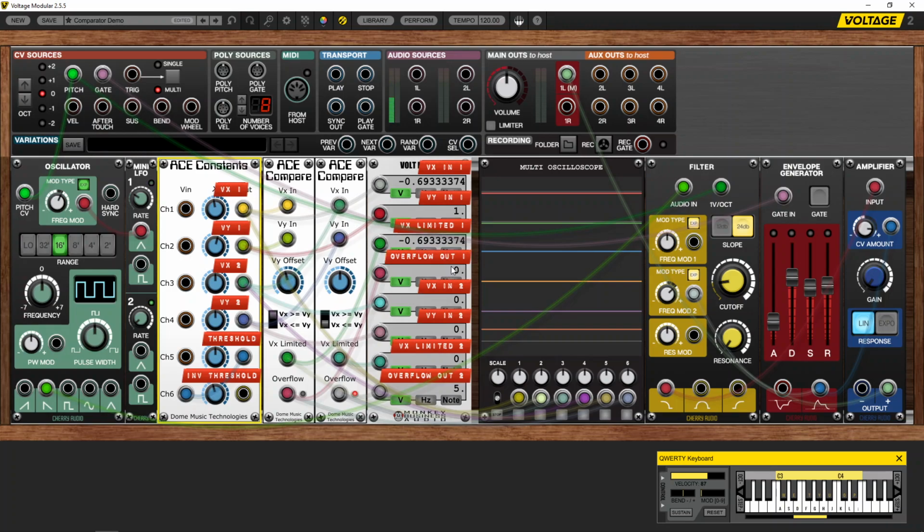The overflow output goes off and the overflow LED goes off.